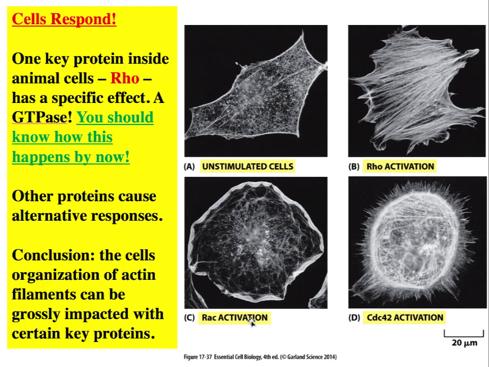Other proteins of the Rho class, like RAC, do something similar in that they can cause various other cellular outcomes. So depending on which protein is activated, the restructuring of the actin network is appropriately organized.